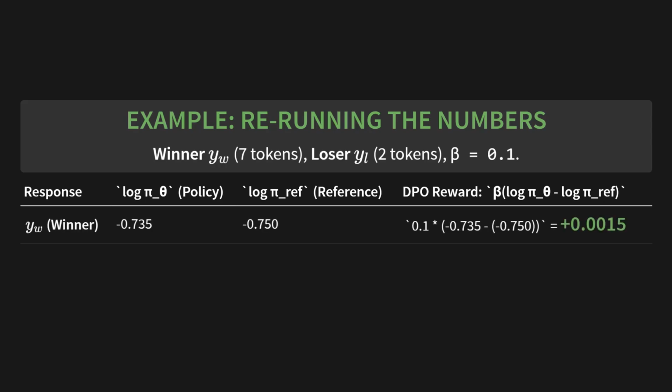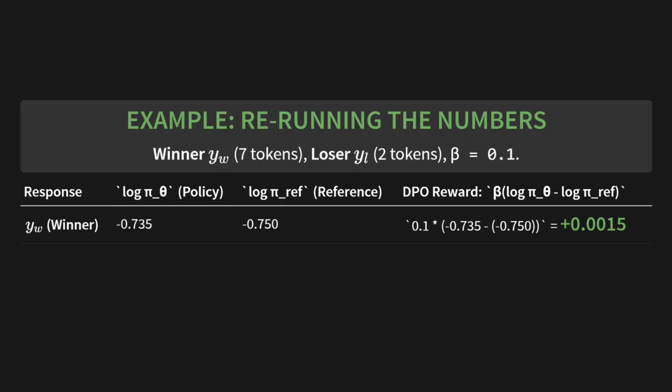First, let's look at the top row for our winner, y sub w. Our policy model, log pi sub theta, gives it a score of negative 0.735. The reference model, log pi sub ref, gives it a score of negative 0.750. Now for the DPO reward. We take beta, which is 0.1, and we multiply it by the policy score minus the reference score.